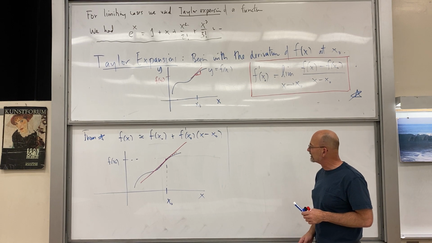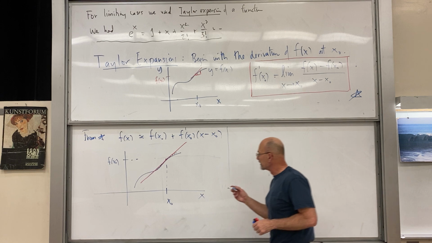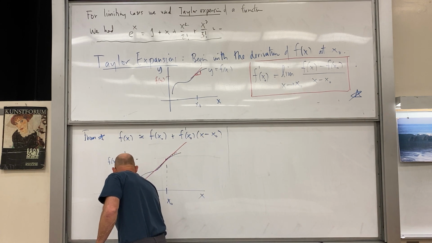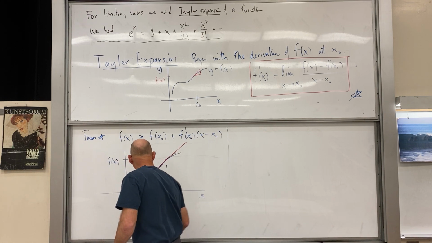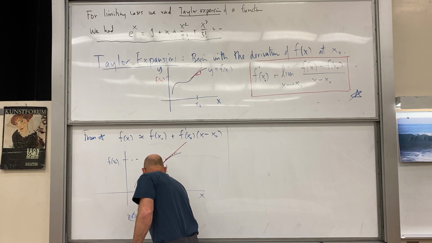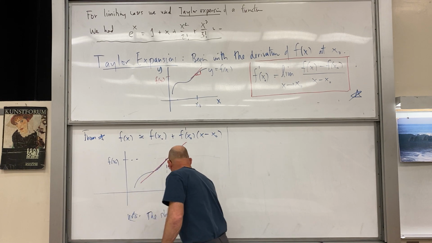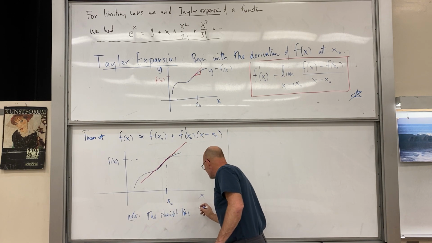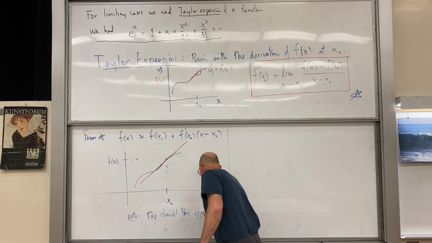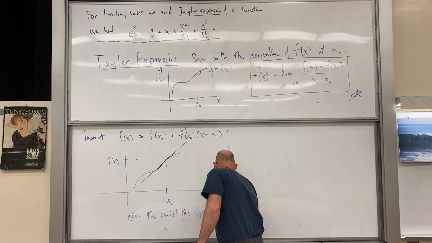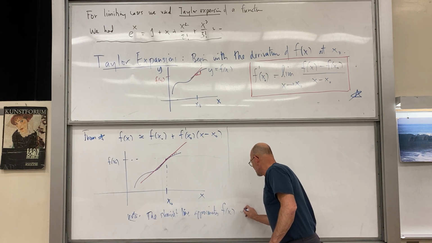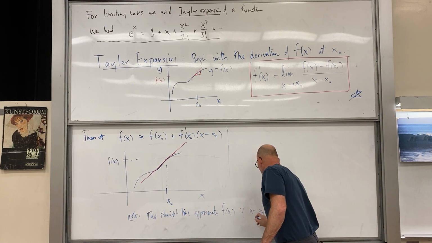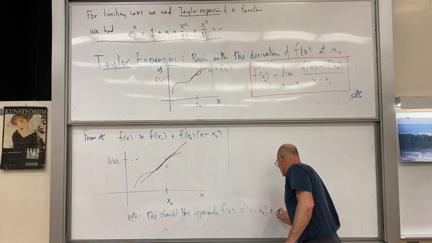What this all means here. So let's put this as a note. The straight line, which is the right side of this, approximates f of x if x minus x0 is not too large.